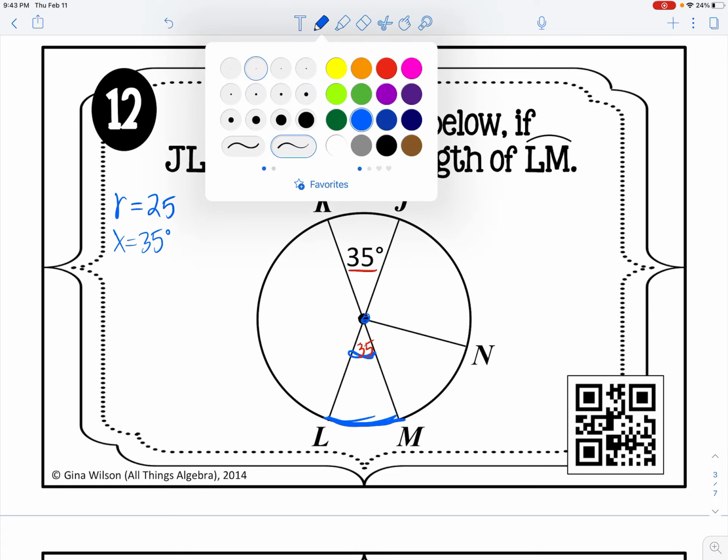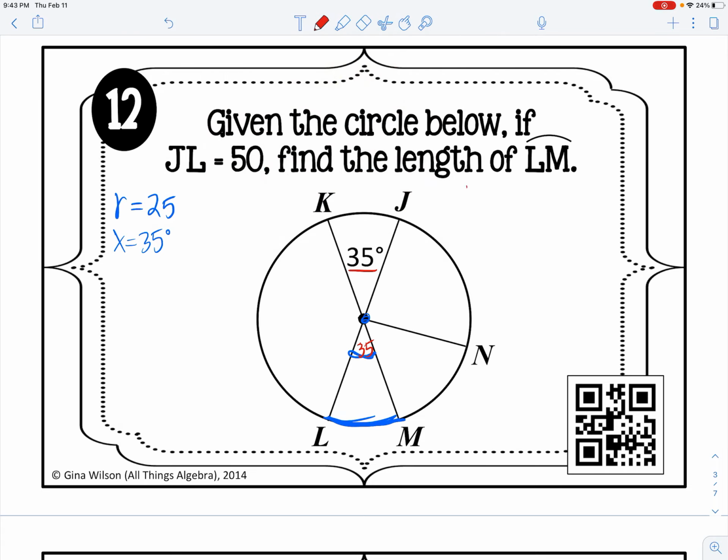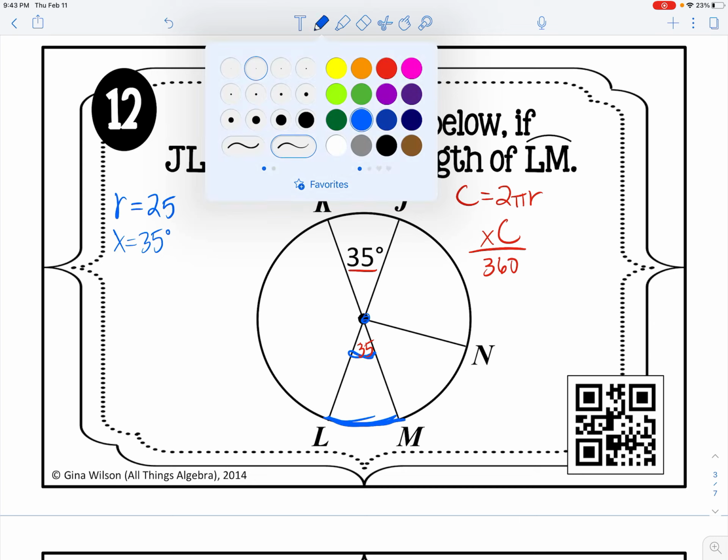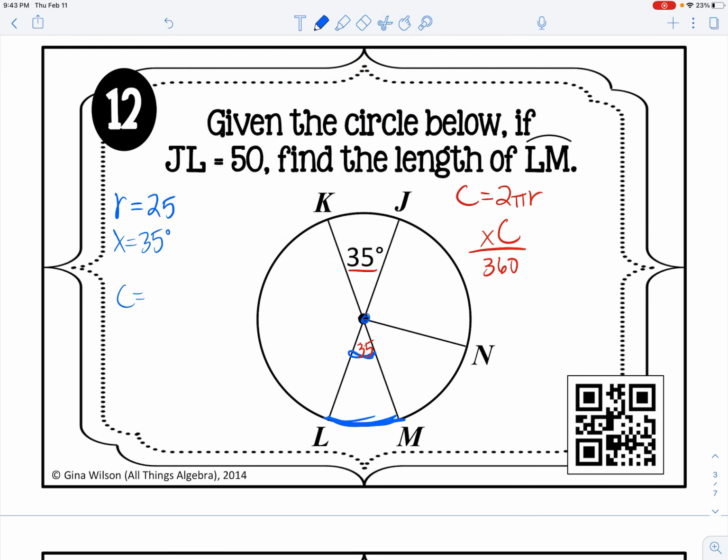Remember, our two equations are circumference is 2 pi r, and for arc length we use X times our circumference over 360. So my circumference is 2 times 3.14 times my radius, 25, and I get 157.1.